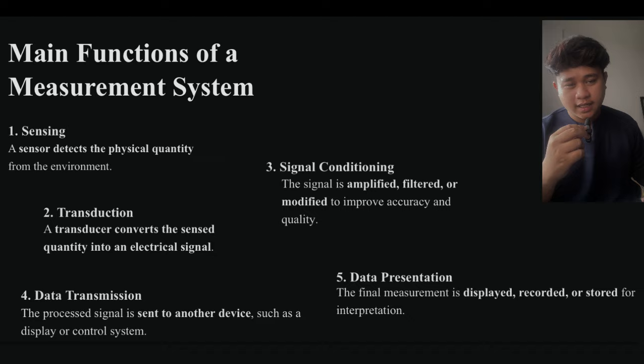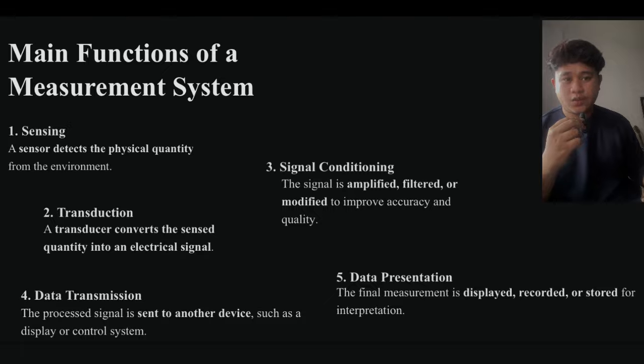And the last one, data presentation. Finally, the measurement is displayed, recorded, and stored, so it can be interpreted or used for controlling the process. These functions ensure that raw physical data becomes meaningful and actionable information in a measurement system.